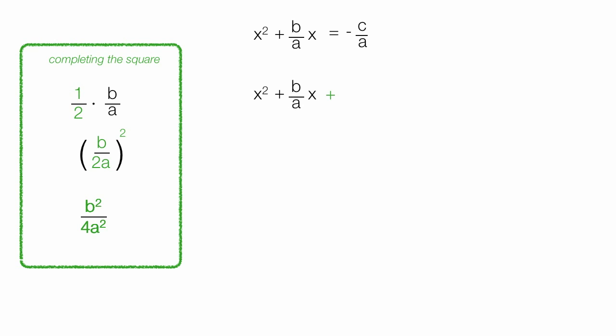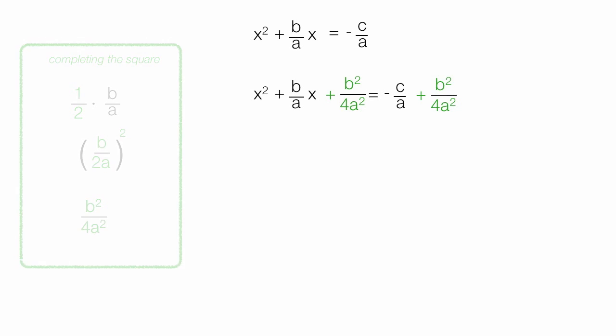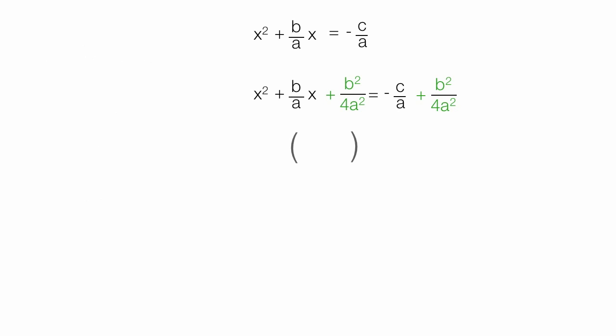So I have x squared plus b times x plus b squared divided by 4a squared. And this is equal to negative c over a plus b squared divided by 4a squared. Now I'm going to factor the left-hand side of the equation, and that would be x plus b over 2a, all that squared.